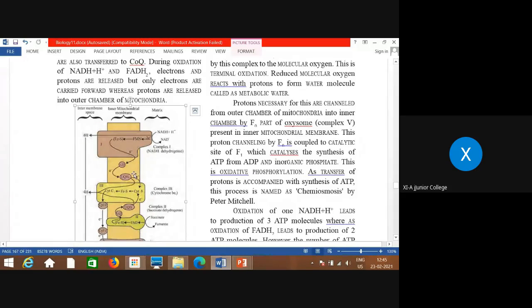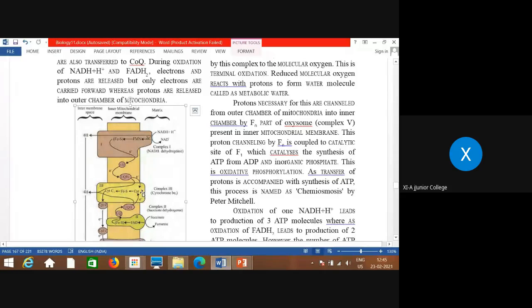From ubiquinone, these electrons are accepted by the next complex, cytochrome complex 3, where they are first accepted by cytochrome B and then cytochrome C, that is called the BC1 complex, and then accepted by cytochrome C.